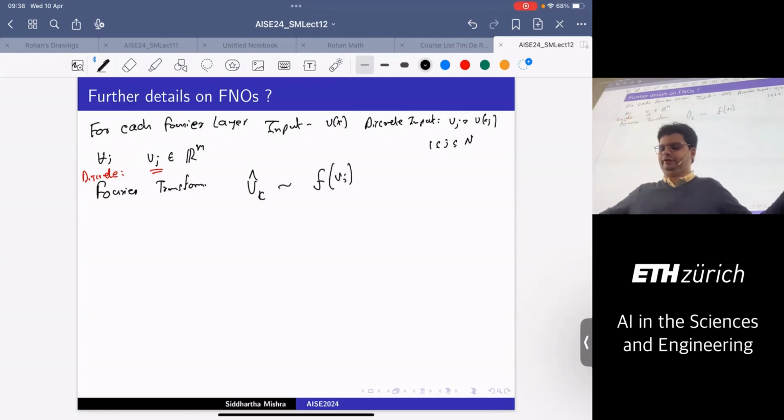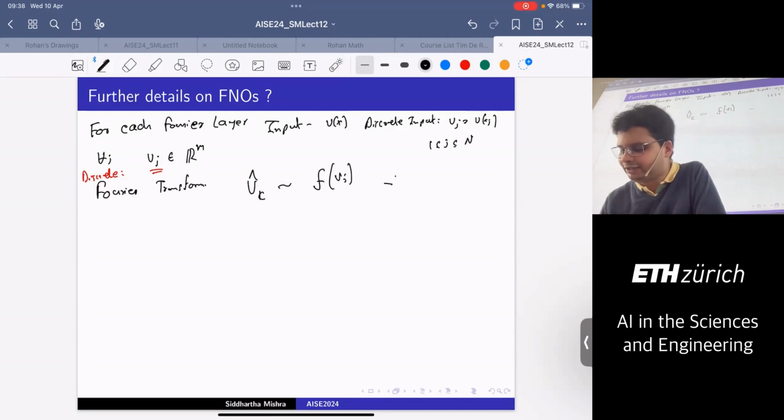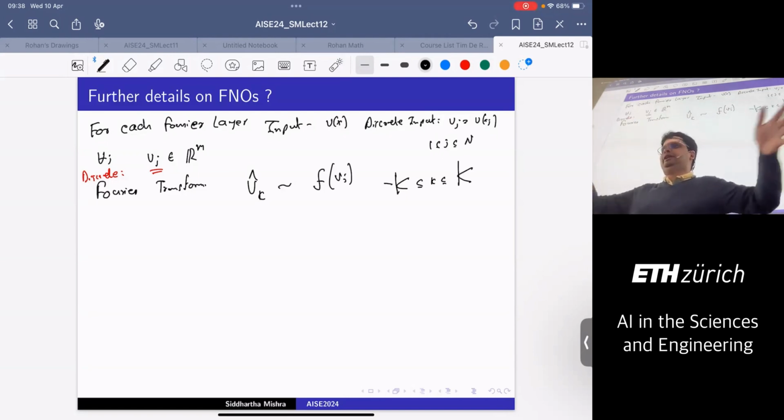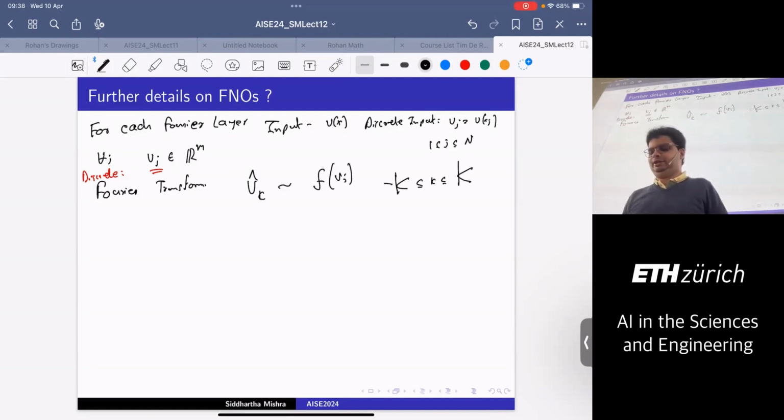So you have values on a grid. You take the Fourier transform of this matrix. And then you have minus capital K less than or equal to little k less than or equal to capital K, because you have both positive and negative frequencies. In other words, you take a signal and you cut it off into frequencies.